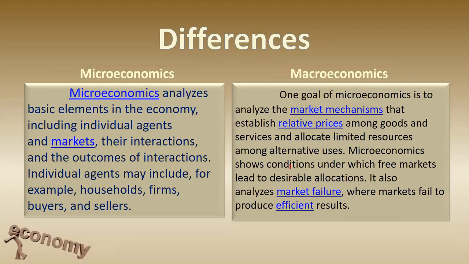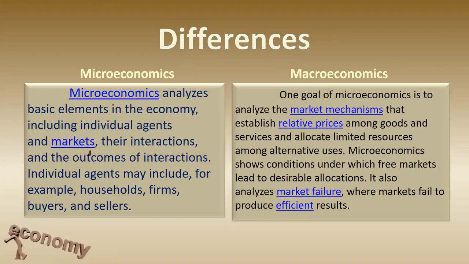The second difference is that microeconomics analyzes basic elements in the economy, including individual agents and markets. That means microeconomics studies individual agents and markets, how they interact, and the outcomes of those interactions. So that means households, individuals, a firm, a buyer or seller.